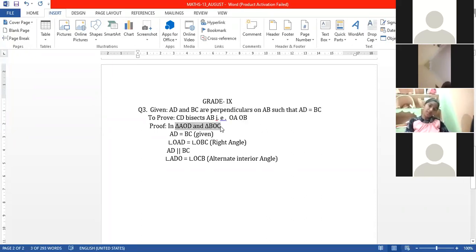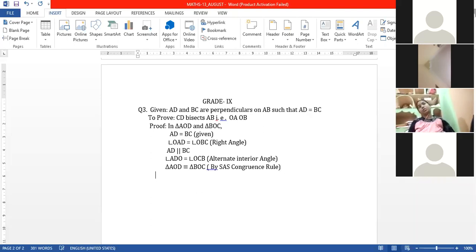Triangle AOD congruent to triangle BOC by SAS congruence rule, side angle side congruence rule. If both triangles are congruent, then I can say OA is equal to OC.